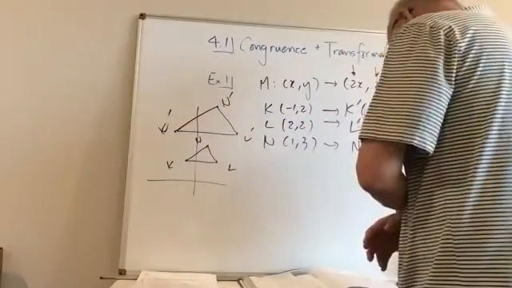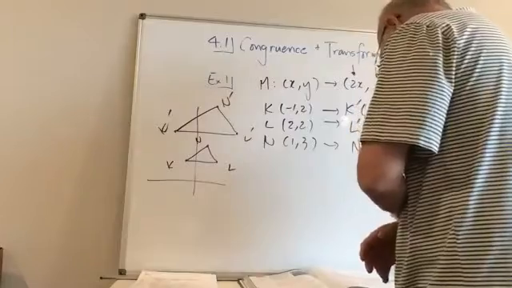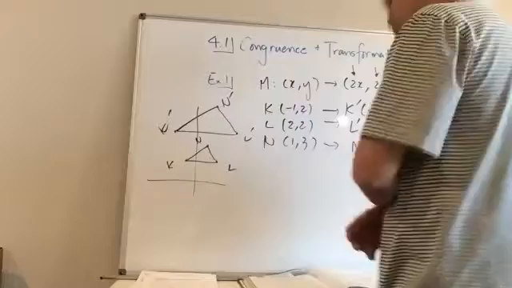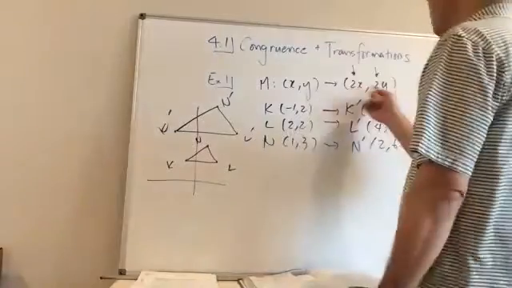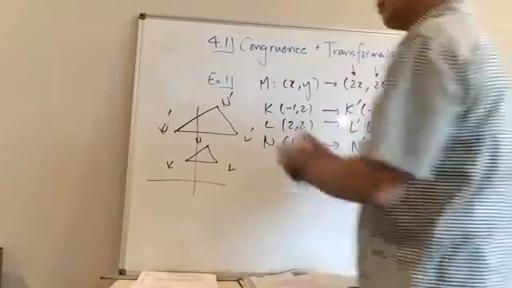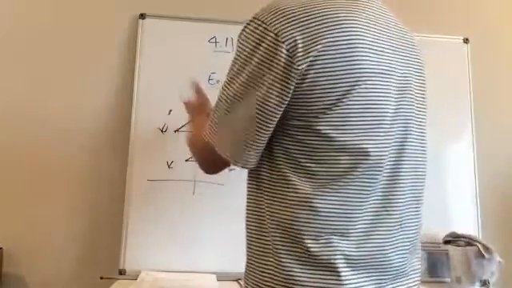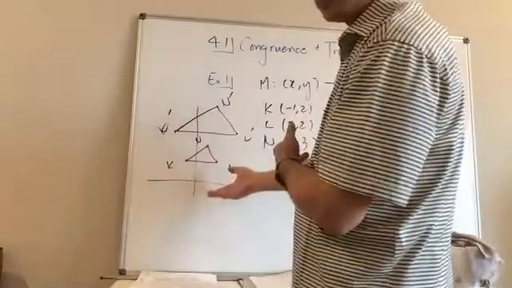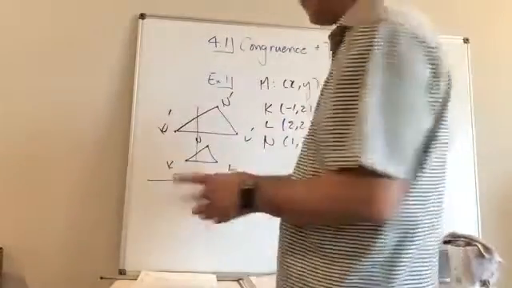And it says dilations with a scale factor k produce images that are not congruent to their pre-images, like this. We blew it up by 2, so it's going to be larger. It's not congruent. They're similar, but not congruent.